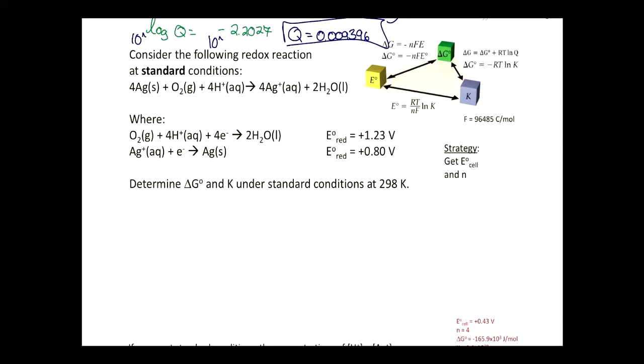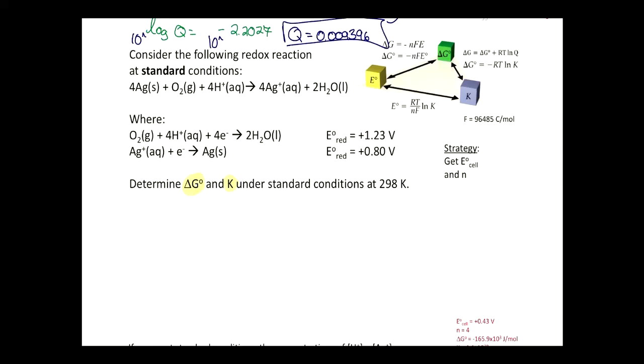So let's look at this redox reaction. We're taking silver solid, reacting it with oxygen and some acid to get silver plus and water. So with this redox reaction, instead of calculating at non-standard conditions, we are going to focus on the Gibbs free energy and equilibrium constant for this reaction. So we're just going to be using some different equations here.